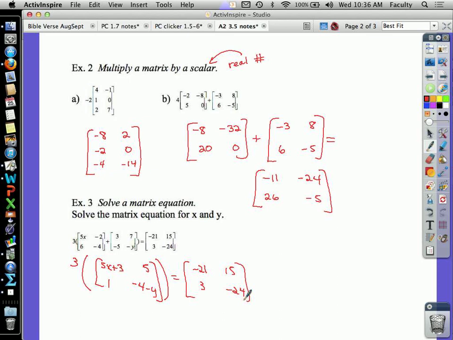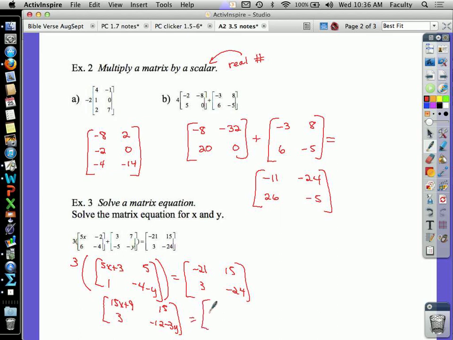Now I can do the scalar multiplication. I'm going to take 3 times all 4 elements. So that becomes 15x plus 9. I get a 15, 3, negative 12 minus 3y. Notice how I distributed. There's my warm-up coming back to us.